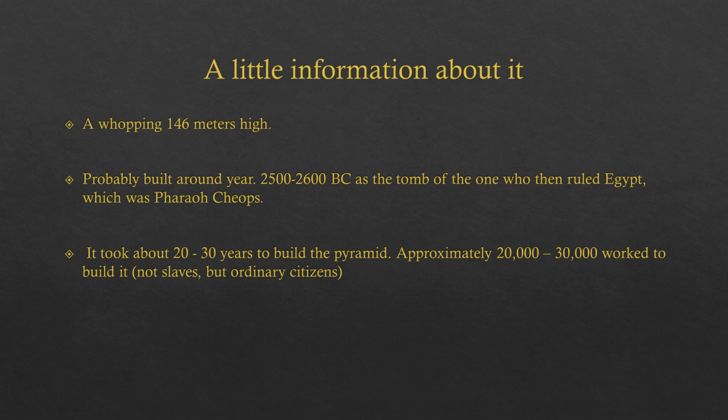It is a whopping 146 meters high, and it was probably built around the year 2500 or 2600 BC by the Pharaoh Cheops. And historians and archaeologists believe that it took about 20 to 30 years to build the pyramid, and that approximately 20,000 to 30,000 workers built it, and not slaves but ordinary citizens.